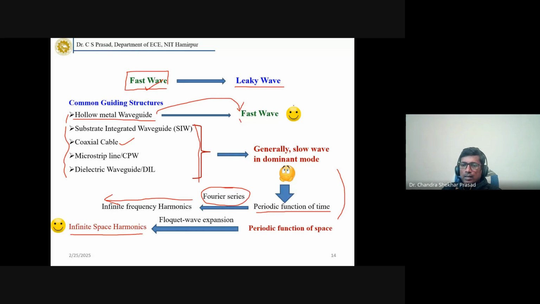So basically, we are doing the periodic perturbation in a structure that is related to space. So after doing that, we are going to have an infinite number of space harmonics. So here we'll term this as space harmonics, not frequency harmonics. So this part is also important for your leaky wave antenna design.